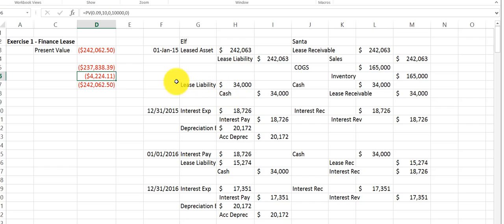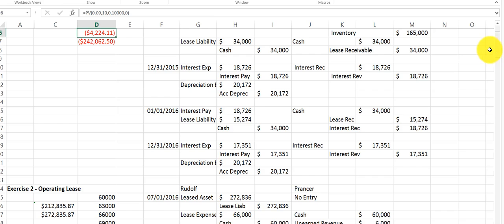The first payment is made immediately on January 1st. So we debit the liability and credit cash, or debit cash and credit the receivable, depending on which side you're on. No interest because no time has gone by. First payment is going to be entirely principal because no time has elapsed. Okay. After a year, though, we have interest.